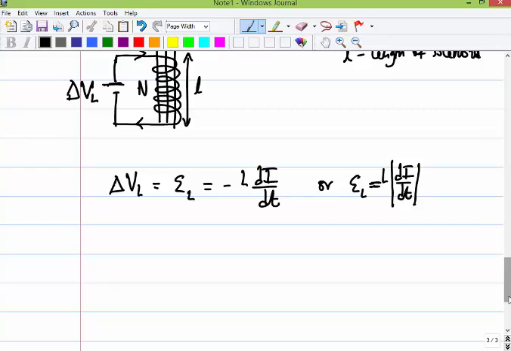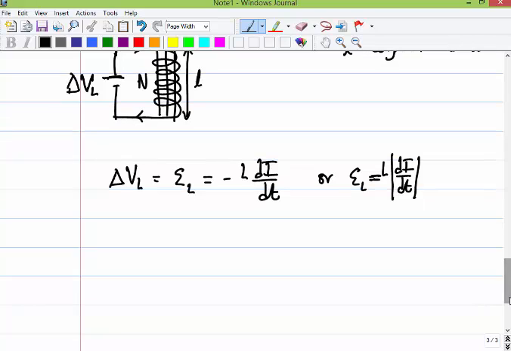Okay, let's look at the energy stored in the inductor next. We can say how much energy is stored in an inductor, because we started off by saying that the inductor is a device for storing energy in a magnetic field. So let's look at how much energy is stored in the inductor.